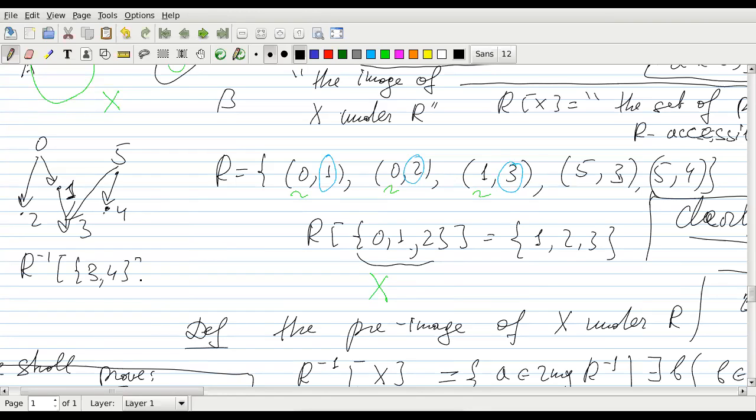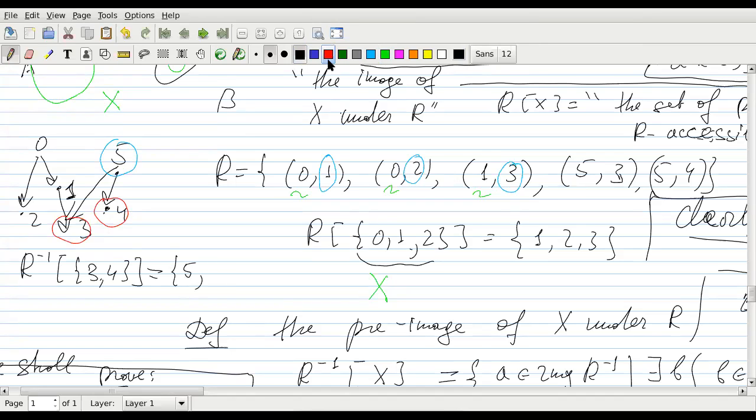What is the pre-image? First of all, let's mark this set itself. It has two points, 3 and 4. And I want to find all points from where 3 and 4 are accessible, so the first coordinates of all pairs whose second coordinate is either 3 or 4. Clearly, I may go to 4 from 5, so 5 belongs to the pre-image.